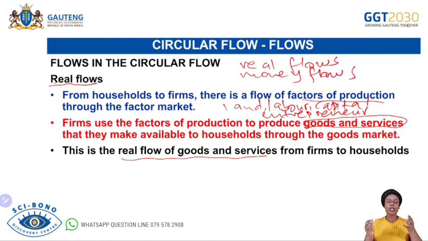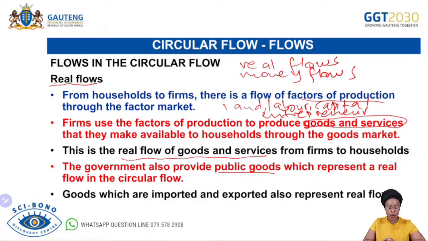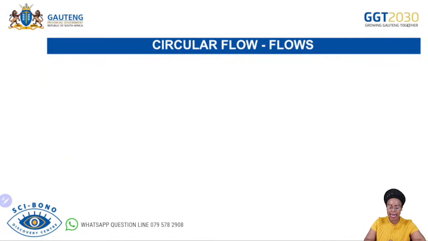Goods which are exported represent real flows. Even goods which are imported represent real flow. The government also provides public goods, which also represent a real flow. I've mentioned that. Let's move to the money flows.